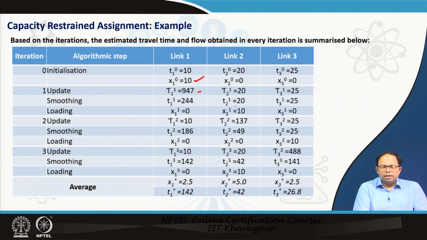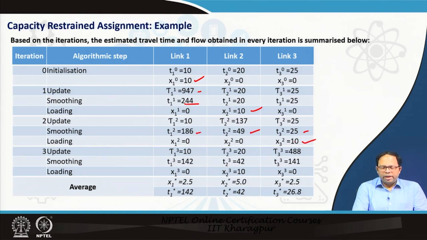Then we take the averaging smoothing process, where T1 becomes 244 using the formula that I have shown, T2 remains 20, T3 is 25, and the entire loading is again on link number 2, and then we again smooth it. So this becomes 186, this becomes 49, this remains 25. So next time we will assign it over here.